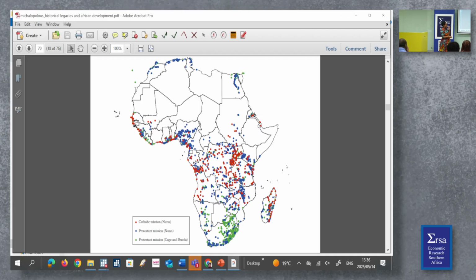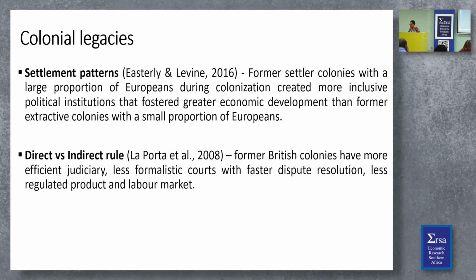So you can see that we are highly influenced by the ideologies that came to Africa with the missionaries, and depending on whether they were Catholics or Protestants, you'll find that that type of religion still continues to be a significant part of our culture. So I just wanted to highlight that, since I didn't touch a lot about missionaries, but the missionary expansion interacts with the colonial expansion.